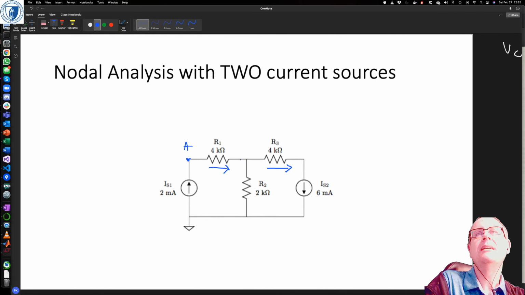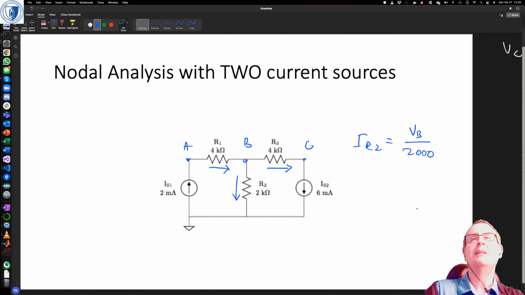So this is A, B, and C. The only unknown one is that IR2 equals VB on 2000.